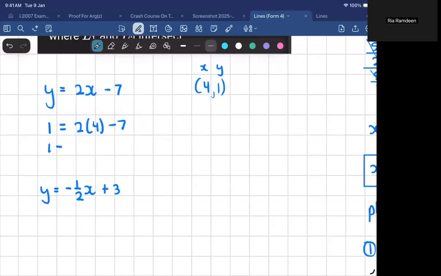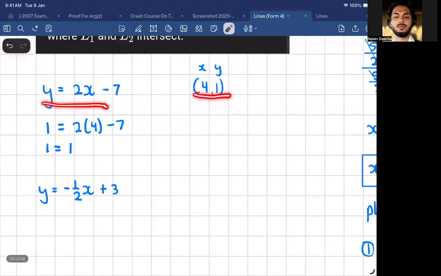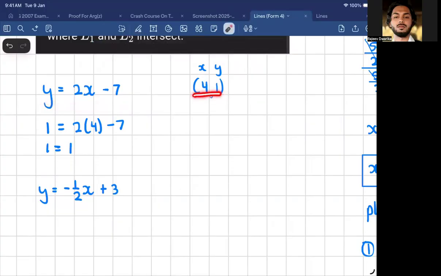What is 2 times 4 minus 7? 8 minus 7, which is 1. Is 1 equal to 1? Yes. Because 1 is equal to 1, it tells us that this point is on the line. If a point satisfies the equation, it means that it's part of the equation. It's on the line.